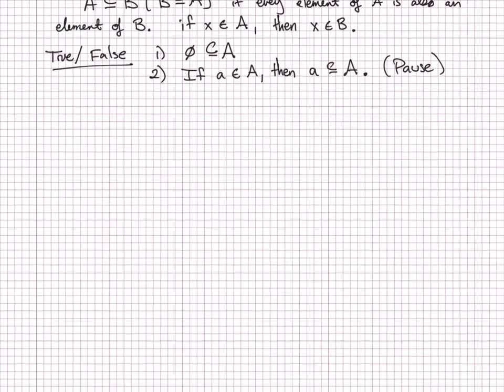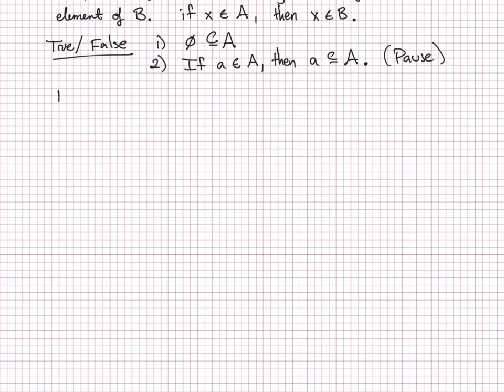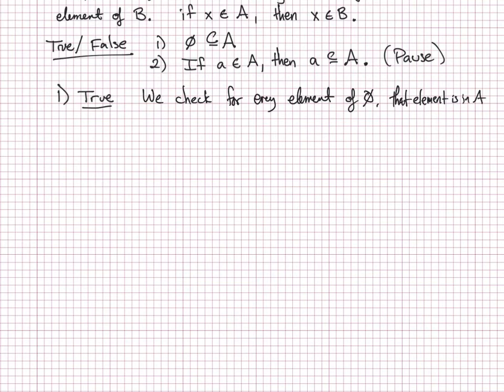Okay, so the solution to the first true-false is, 1 is true. This is a little strange, but let me just say why this is. We have to check for every element of the empty set that that element is in A. But there are no elements to check. So it's what's called vacuously true.